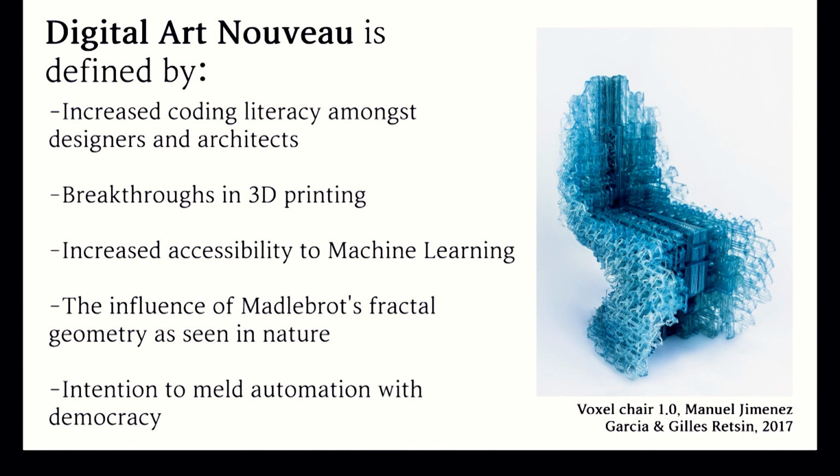There are clear reasons as to why we're now seeing this movement occur. A good chunk of it is due to the rekindling of the closeness between art and science. Designers and architects are gaining increased coding literacy. 3D printing technologies are expanding into materials far beyond plastics, into concrete and steel.